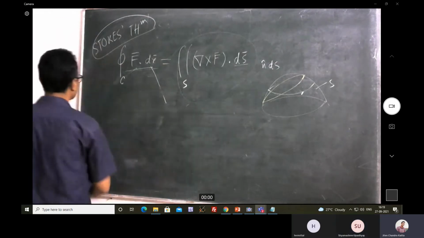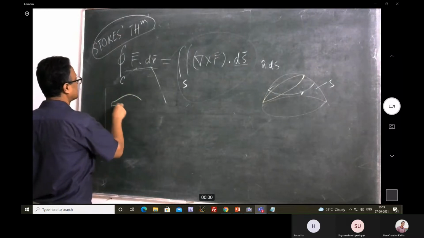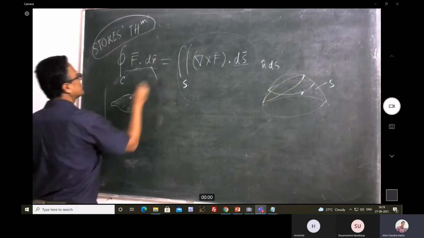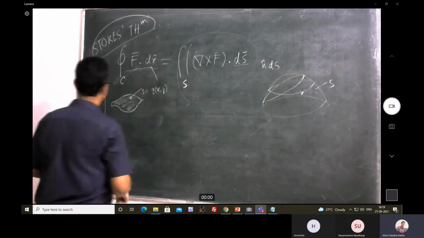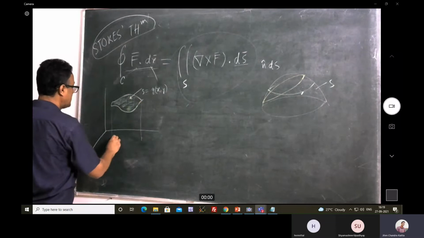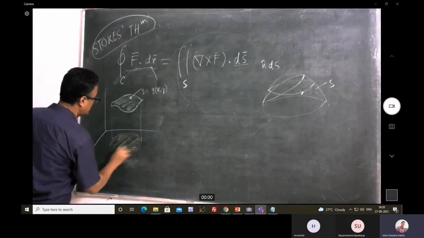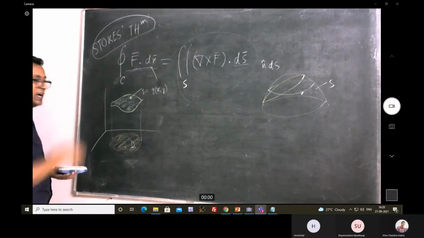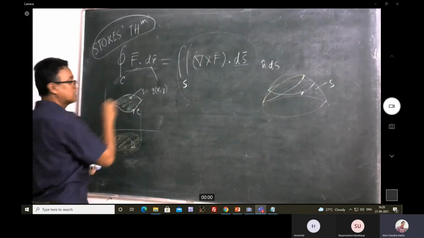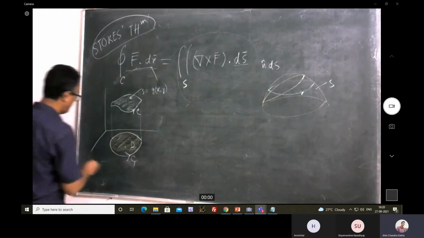So what we are going to do, suppose this is my surface, z equal to something like maybe g of x, y, and then let the projection of this surface over the xy plane be, say, something like this region D, and let this surface be bounded by this closed curve C, and let the corresponding curve here on the xy plane be C1.